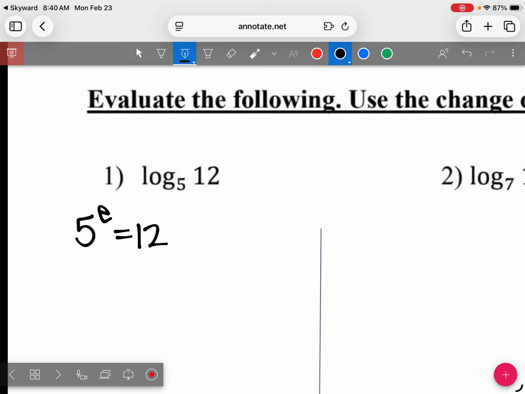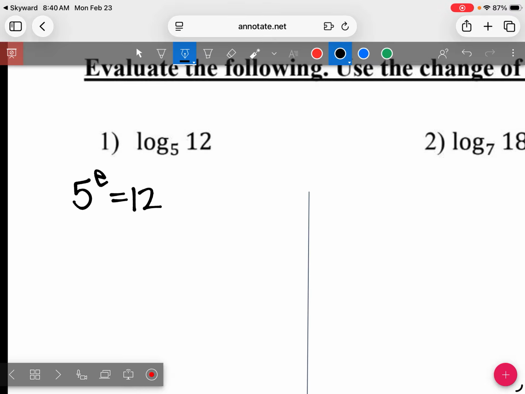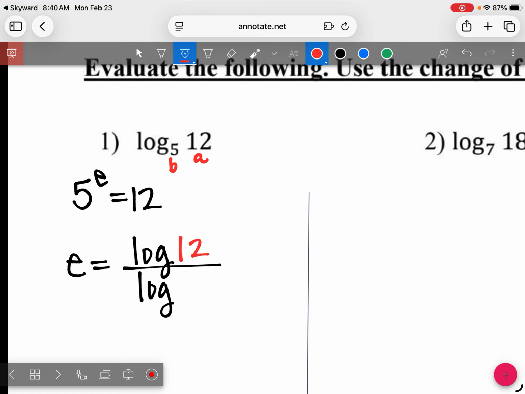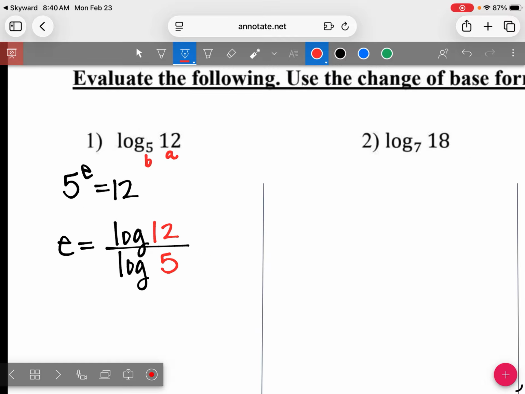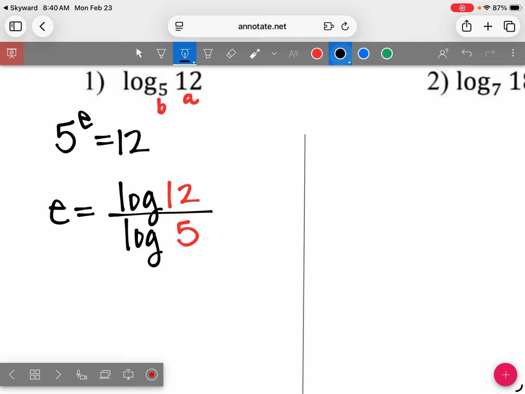Because 5 to the first is 5, 5 to the second is 25. So that means that the exponent I'm looking for is a decimal. So let's use our change of base. So our exponent is going to equal, put a log at the top, put a log at the bottom. The 5 is your base and the 12 is your answer. So you need to type in log of 12 divided by log of 5. And it should be to the hundredths place.